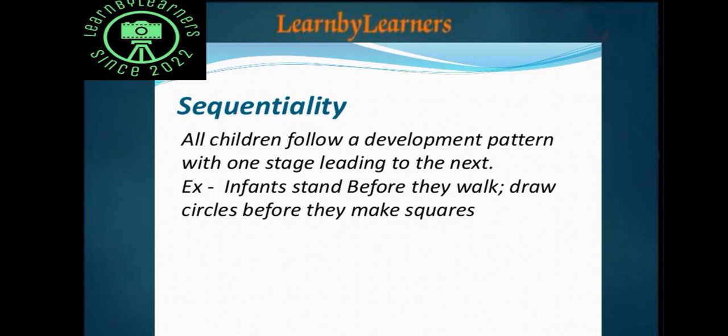So this is the sequence. An infant will stand first and then walk, and similarly an infant will learn to draw a circle first, and then he or she will learn to make a square, right?